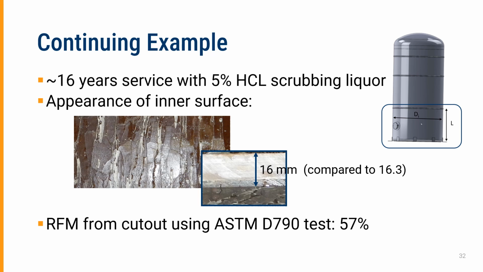Okay, the overall thickness is about 16 millimeters. That's compared to 16.3 that we determined in the design criteria. That's pretty close. And using the ASTM D790 test, the retained flexural modulus of this specimen is 57%.